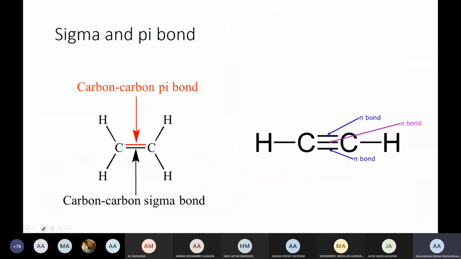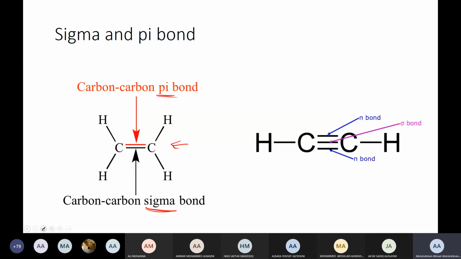Right, I want to go now to, okay, how many sigma bonds in this shape between carbon and carbon? One. It must be one only, one sigma bond. How many pi bonds? Also one.